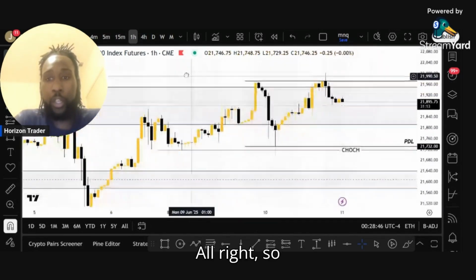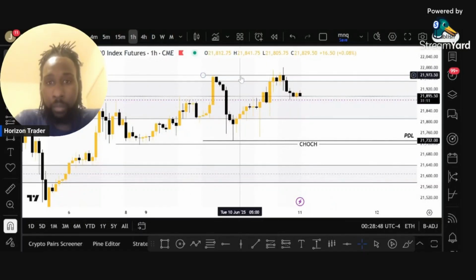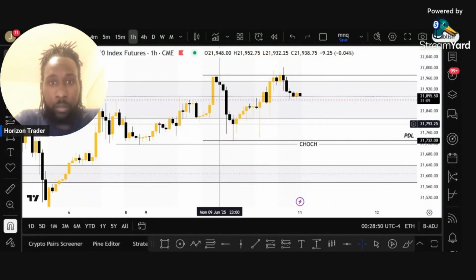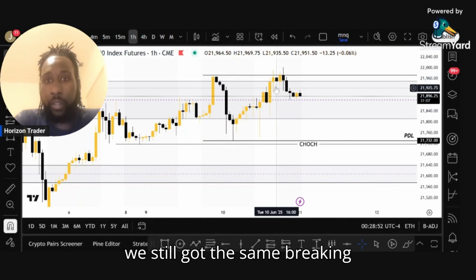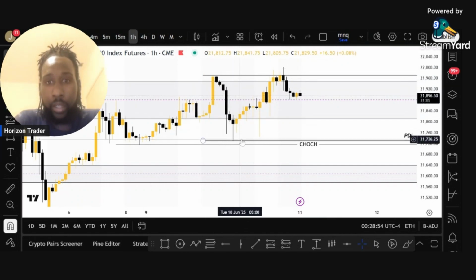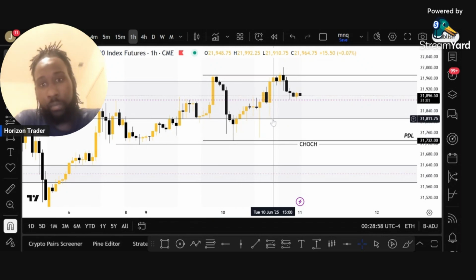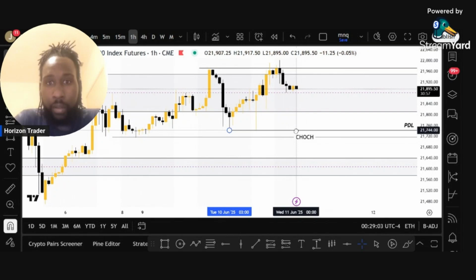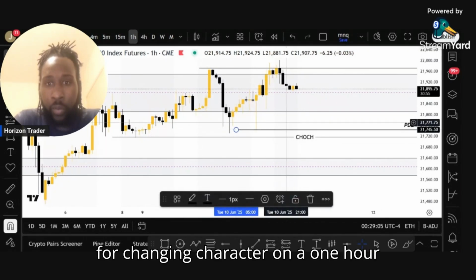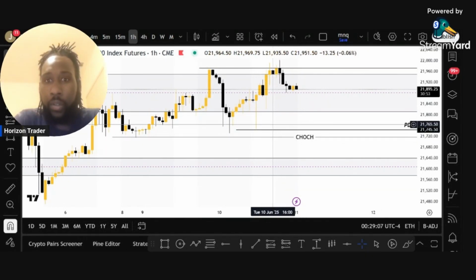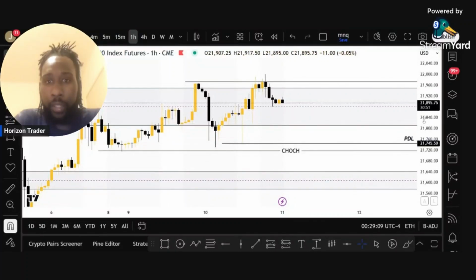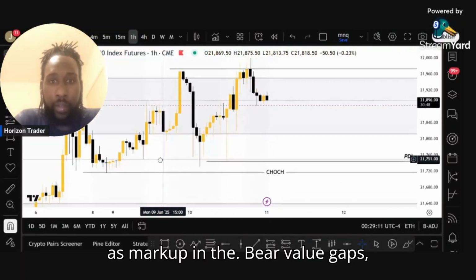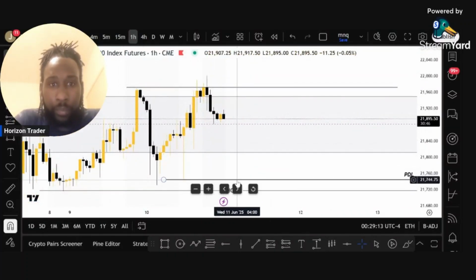All right, so we still got the same break of structure here. I would like this right here for a change of character on a 1 hour. Let's mark up any fair value gaps.